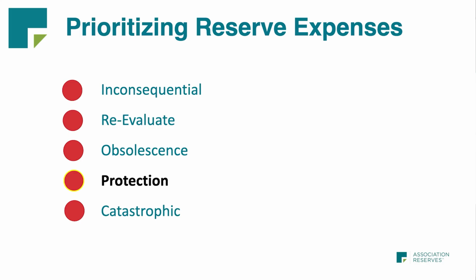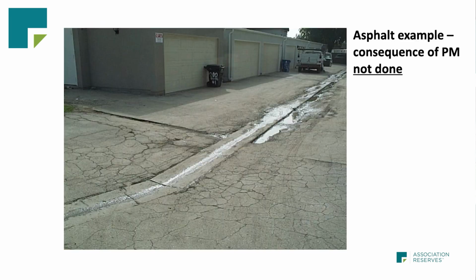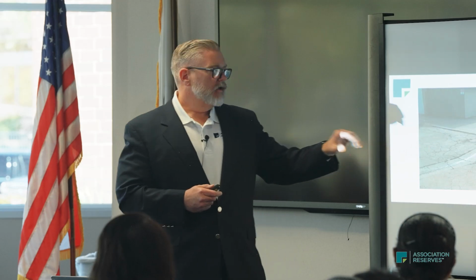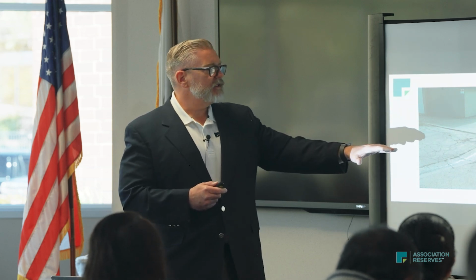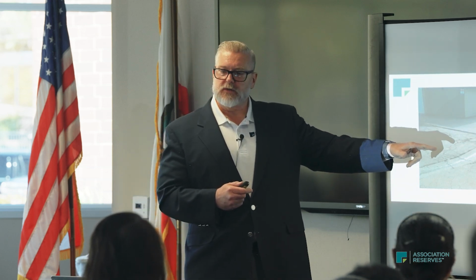Now, protection is where things get very interesting. Here is a situation where this association did no preventive maintenance. So we're talking about protection now. We should be slurry sealing our asphalt every 4 or 5 years. If we don't do that, we're going to see these kinds of failures, and this is the consequence of that.